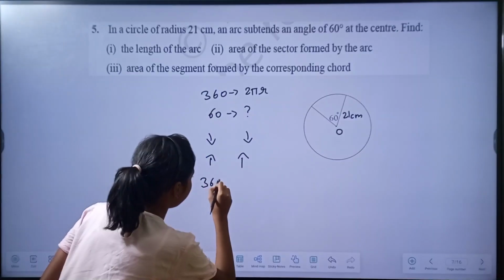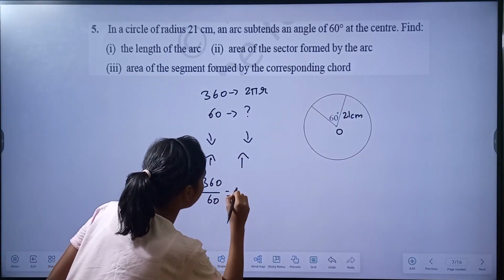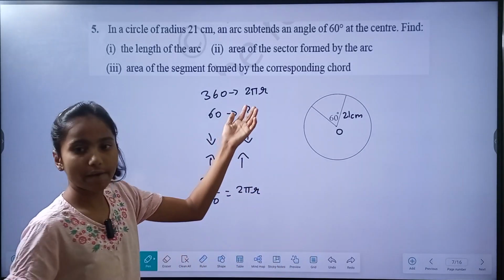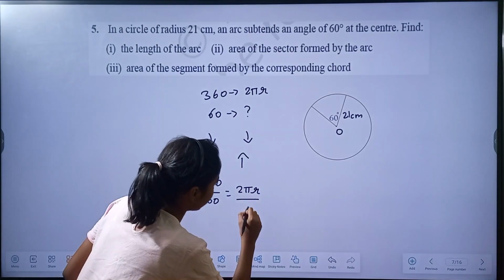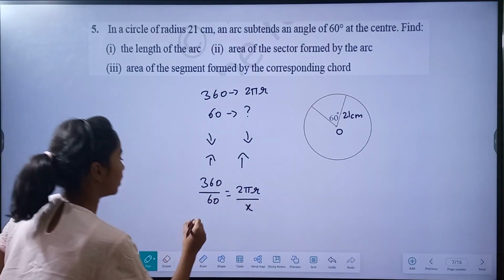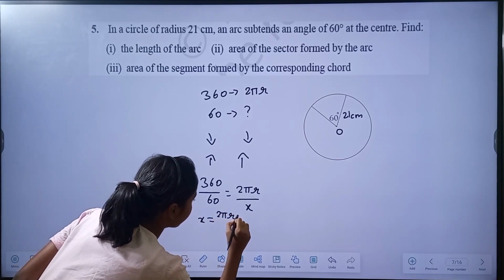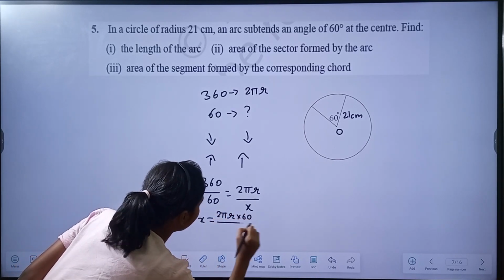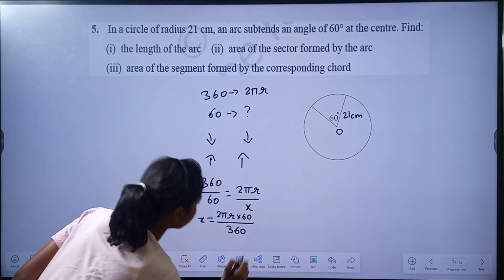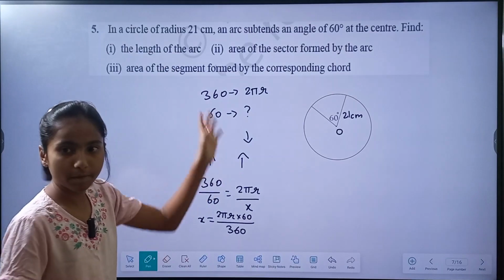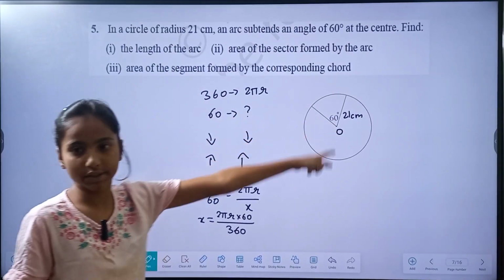360 divided by 60 equal to 2 pi r divided by what we have to find, let us take it as x. So we have x equal to 2 pi r into 60 divided by 360. Now they have given r equal to 21 centimeter.